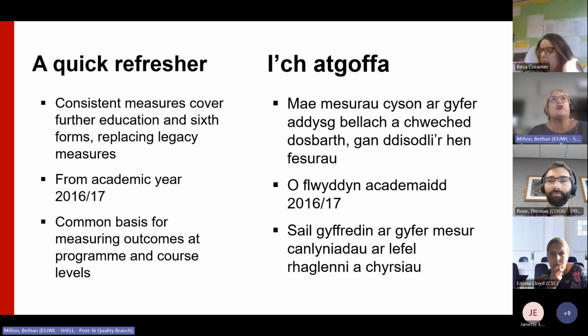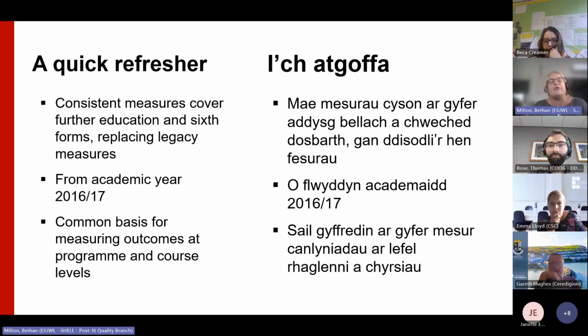So the achievement measures have replaced the legacy measures, which were the threshold measures, the two A levels at A star to E. We tried to develop a suite of measures that give us a more rounded picture of outcomes for learners.